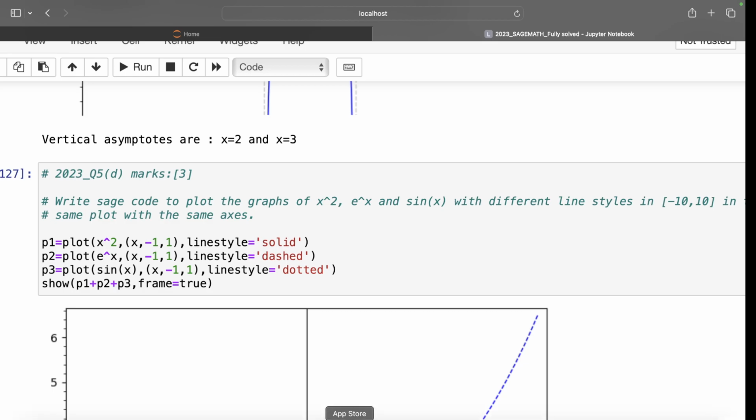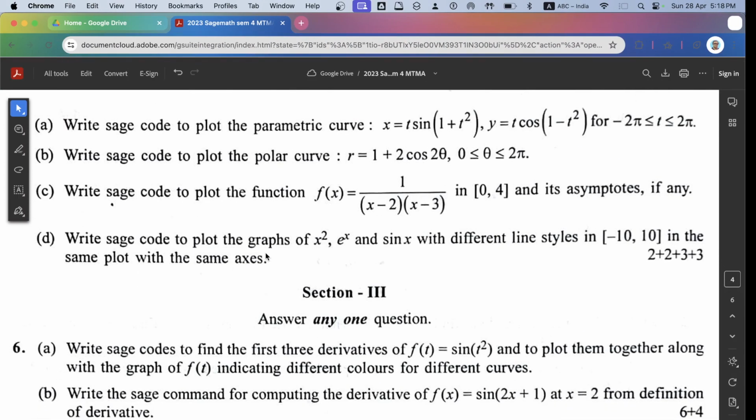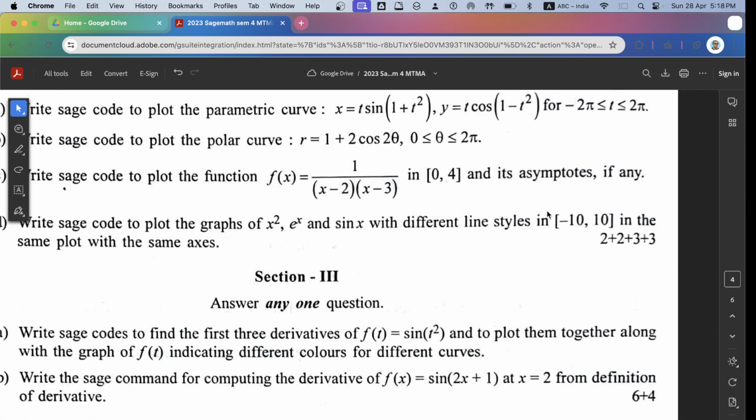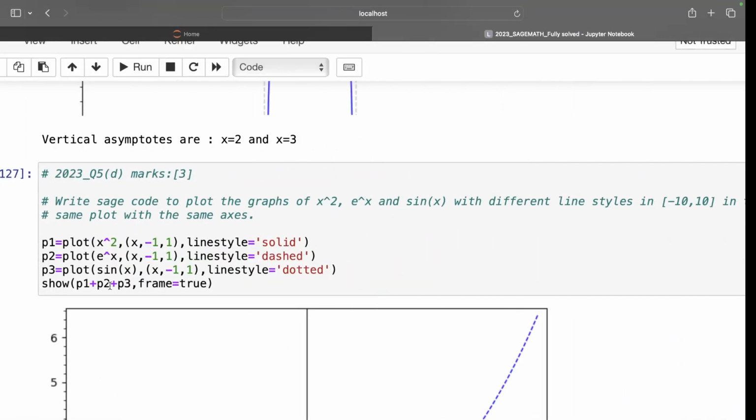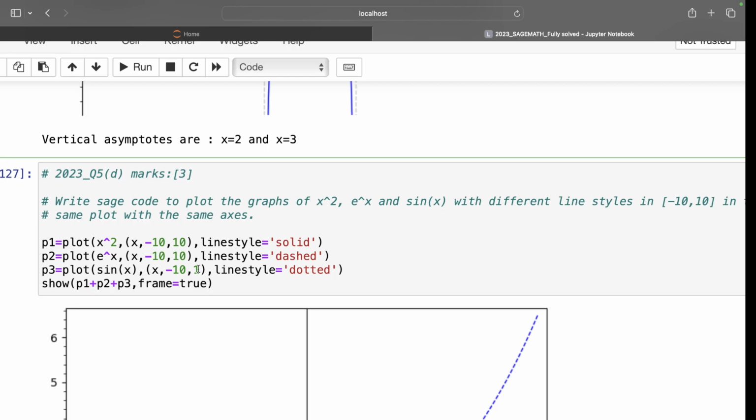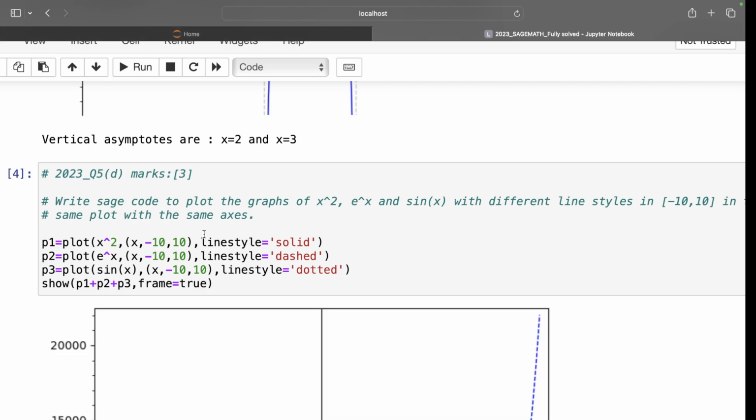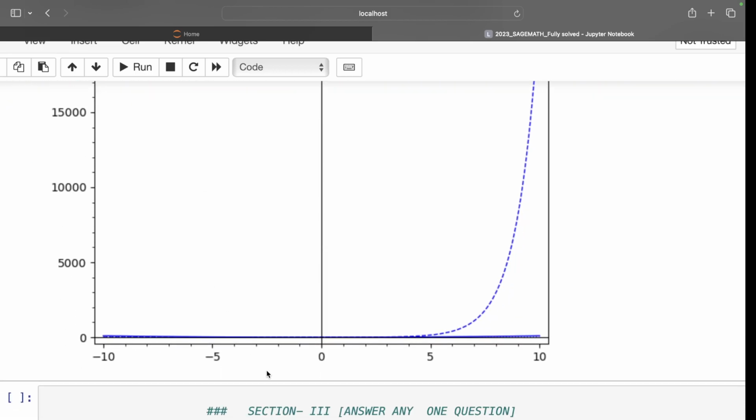Actually in this question paper 5d, the interval is -10 to 10. So edit the range of x to -10 to 10 and run this code.